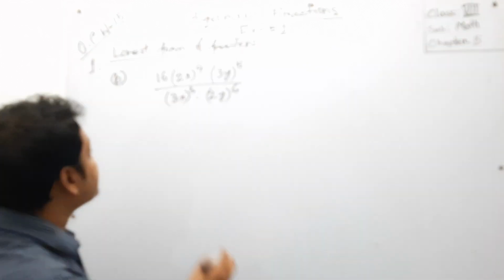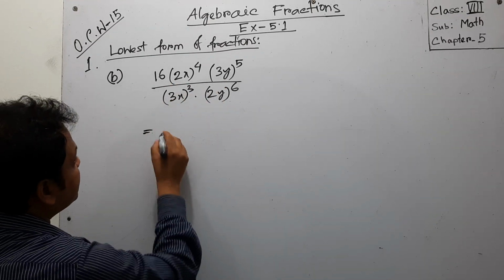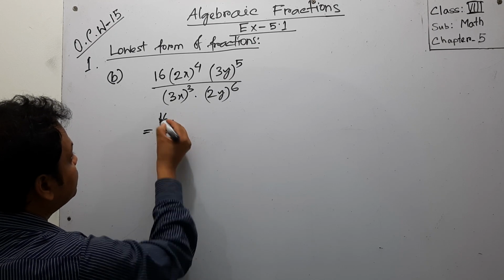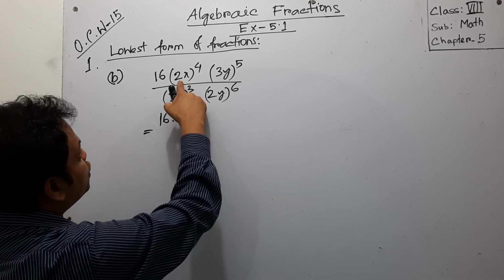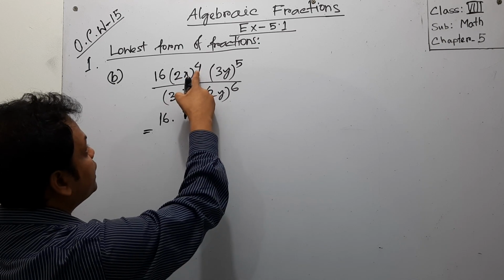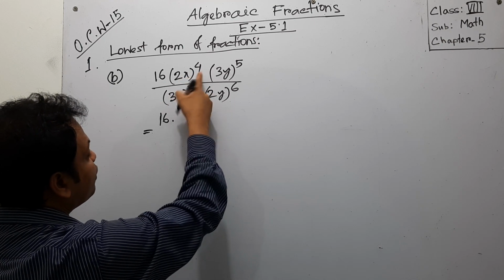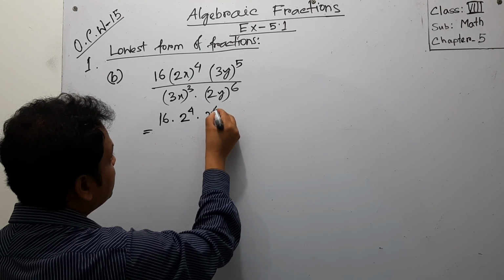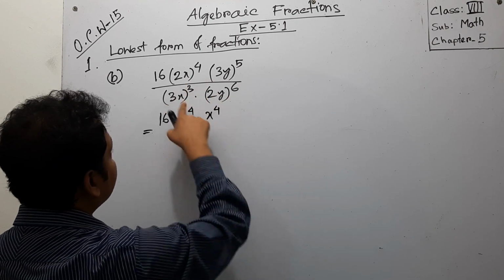Okay, let's start the math. First we'll eliminate the brackets. After eliminating the brackets, we get 16 into 2 power 4 into x power 4. That means the power applies to both 2 and x.